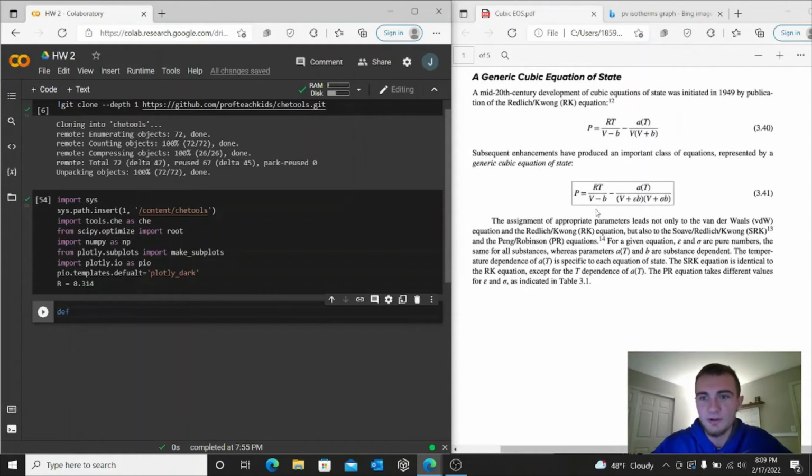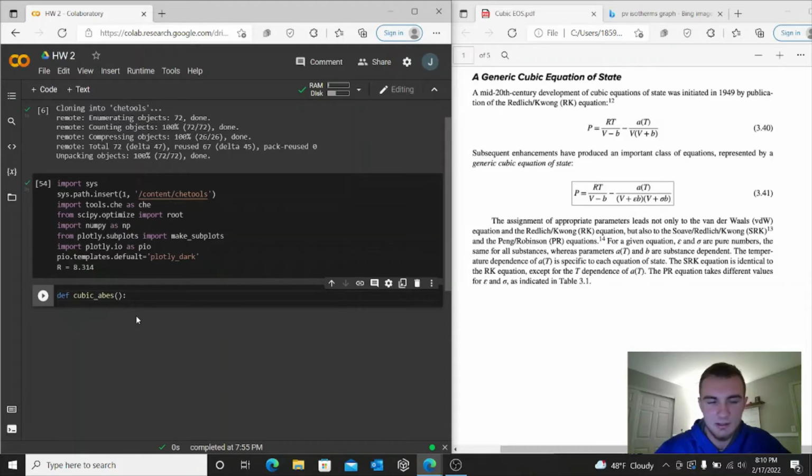If you'll notice here, our parameters are an A parameter, a B parameter, an epsilon parameter, and a sigma parameter. The volume and temperature we will supply later on. So we'll call our function cubic, with A, B, E, S for our A, B, epsilon, and sigma parameters, and go ahead and put the colon there.